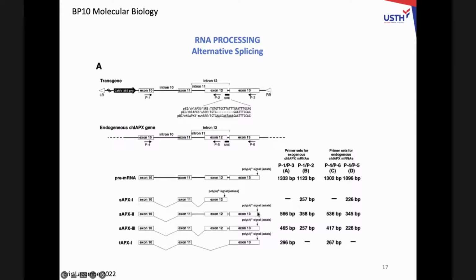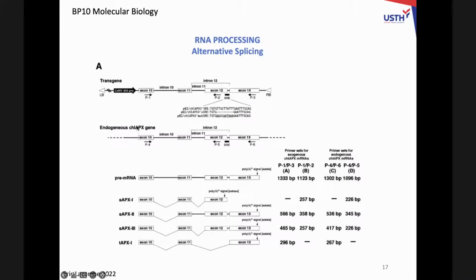So this example is coming from a paper. The reference of the paper is on the next slide. It was studied in plants. I won't explain all the details of this figure, but you will understand perfectly. This paper was a study on a gene from plants called APX.